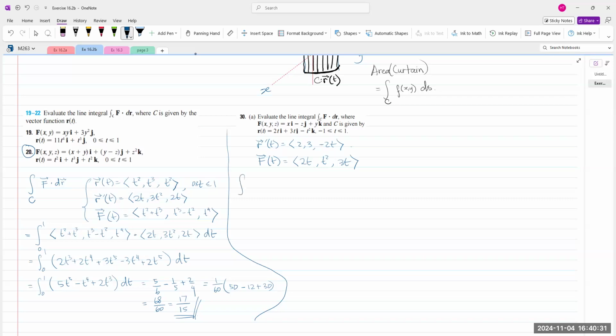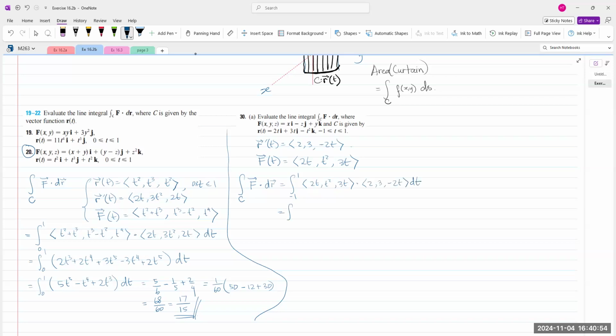The integral over curve C of f dot dr will be the integral from negative 1 to 1 of the vector field 2t, t squared, 3t dot 2, 3, negative 2t dt.